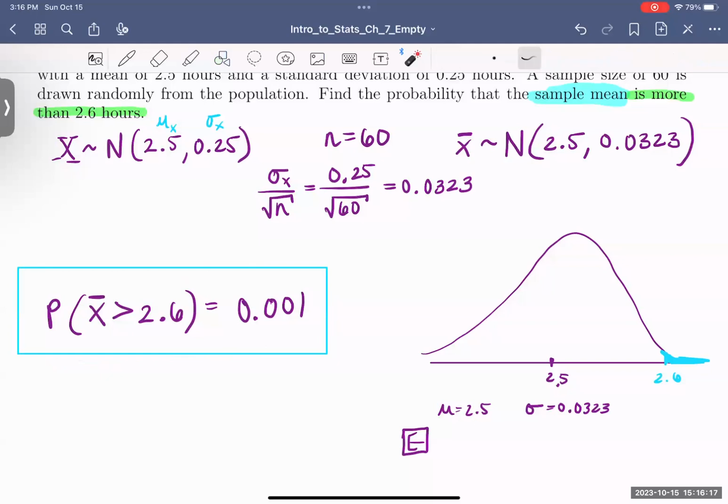Again, practice writing the correct notation. They said the probability of the sample mean, that was our X bar, being more than 2.6 hours. That's how we write that out. And then I just showed you how we put it into that online calculator.